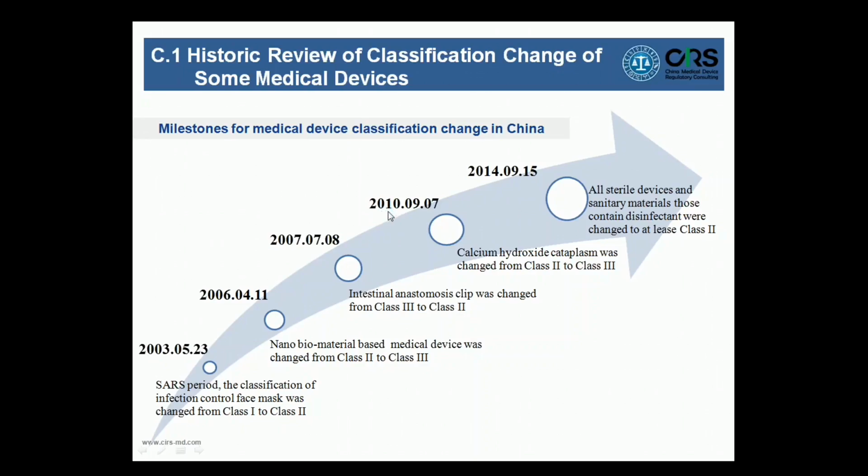On September 7, 2010, the calcium hydroxide catheter was changed from class 2 to class 3. And the latest, just last year, September 15, important: all sterile devices and sanitary materials that contain disinfectant were changed to at least class 2 medical devices.